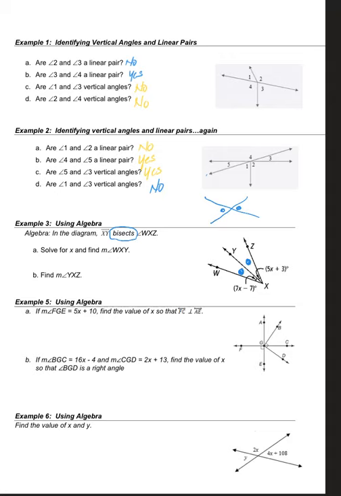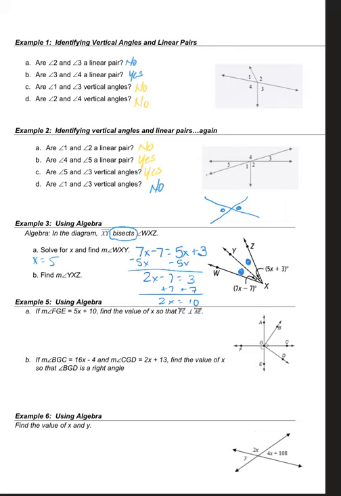If they're exactly the same, I can set them equal to each other. So 7x minus 7 equals 5x plus 3, and we can solve this. We subtract 5x from both sides, and then add 7, so we get 2x equals 10. That means x has to be 5.